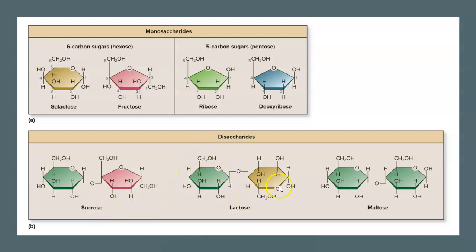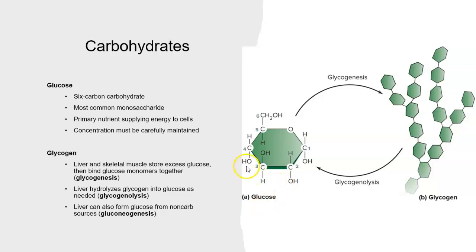Over here, we hook 2 monosaccharides together to make lactose and maltose. So disaccharide, 2 sugars. Monosaccharide, 1 sugar. Polysaccharide, many sugars.